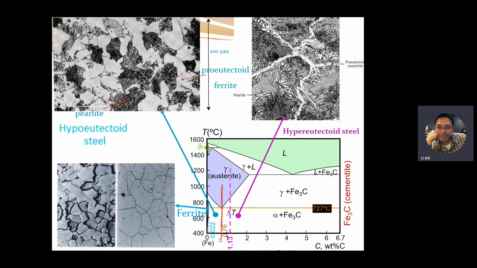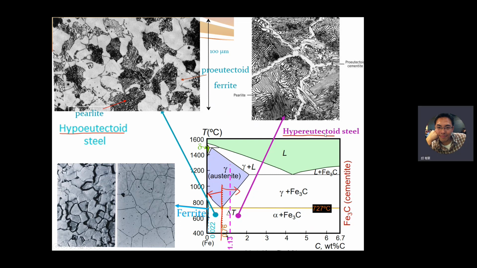On the left of this eutectoid is called hypoeutectoid, and the right side of the eutectoid reaction is called hypereutectoid. It's the same as the eutectic reaction.